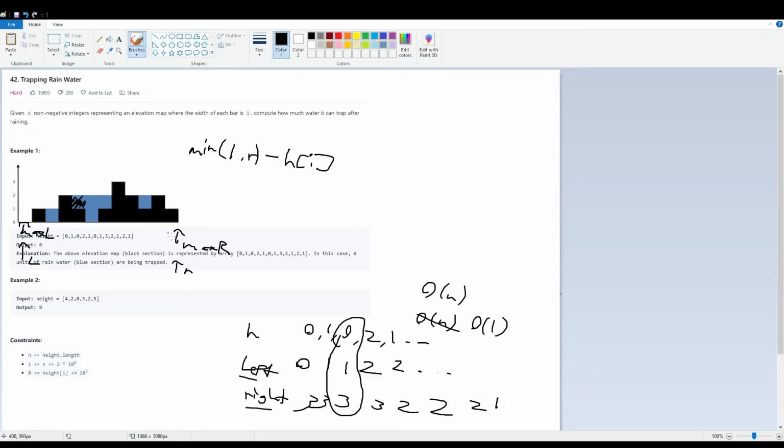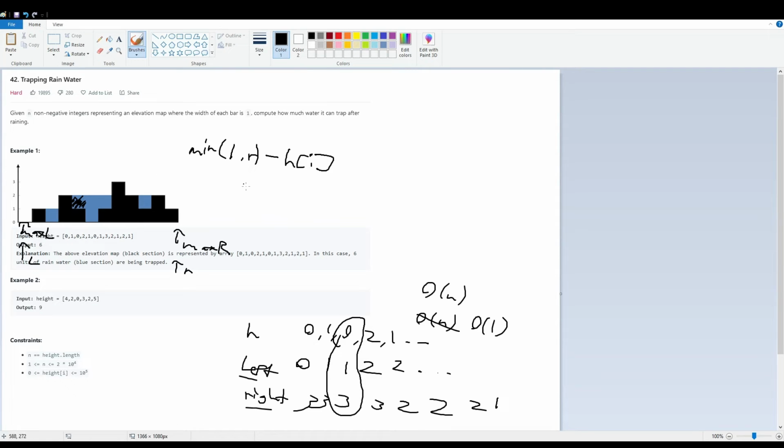Whatever the minimum is, that is our limiting factor for the boundary. Whatever the minimum is between the maximum left and maximum right, we're going to increment either the left or right. So for example, if the maximum right is smaller than maximum left, we're going to increment the right pointer.